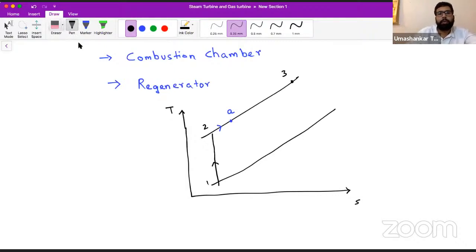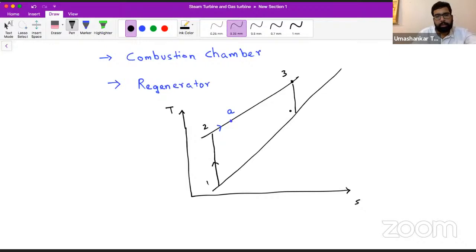Just consider that 4 is above 2. We already explained these things in the previous session. So it will go 3 to 4, then it will come to B, and then to A.